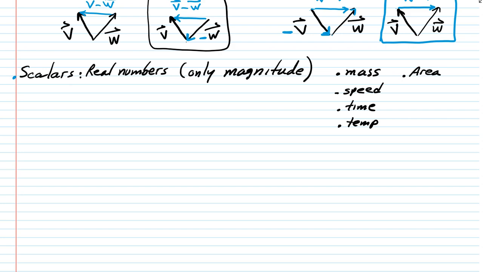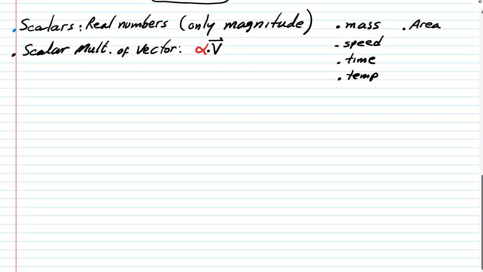Now, when we talk about the scalar multiple of a vector, scalar multiple means a real number times a vector. We're going to use alpha, like your textbook does. It doesn't matter; some use A, B, C. So I'm just going to use alpha times V. Notice alpha is just a scale, a magnitude.